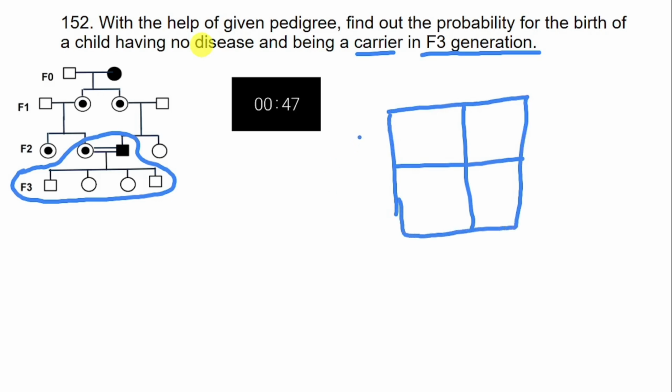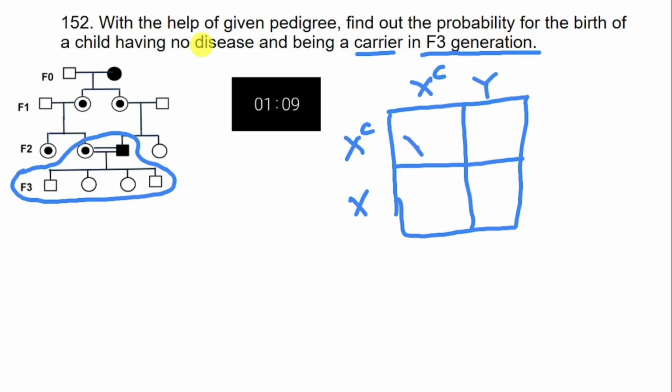you will have to show mother's genotype here, XC and X. She is a carrier, only one X is affected. Father is completely affected. Since this is X-linked, this X is affected and the other chromosome is Y chromosome.